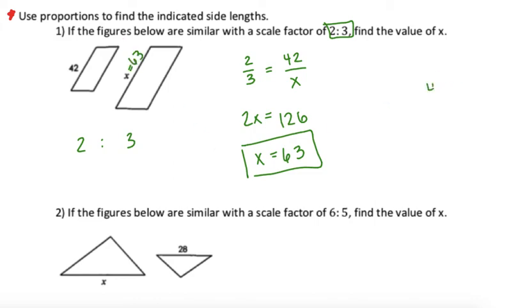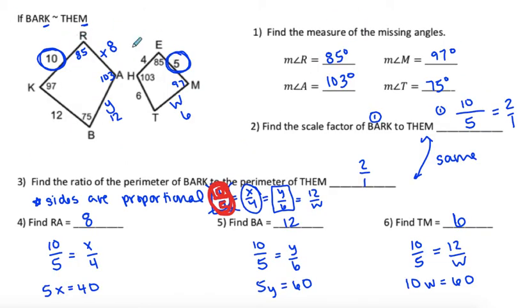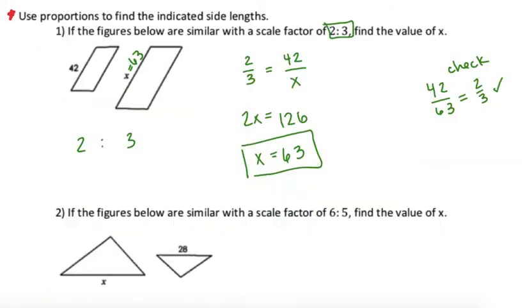If I check 42 going with 63, it should simplify to the same 2 to 3 that they gave us. So I'm going to check 42 fraction button, 63, and it does check out to that 2/3. So they gave us a scale factor, and instead of the picture like we used here, where they gave us a scale factor in the picture, now they gave it to us in the sentence.